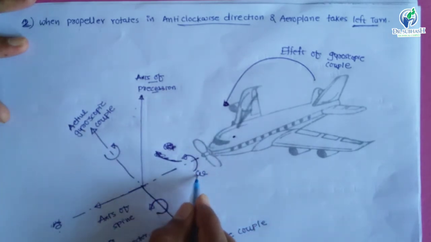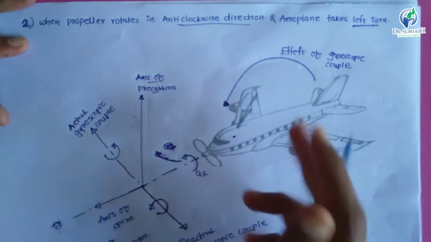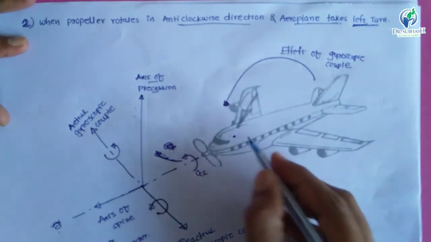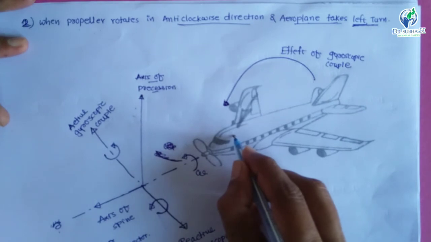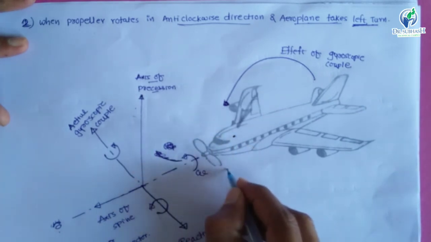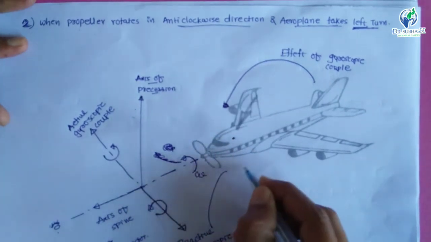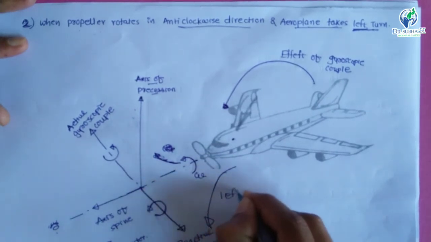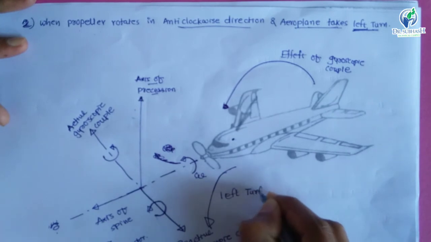So this is the direction of rotation of the rotor, and our aeroplane is taking a left turn. When we assume that we are sitting inside the aeroplane, then our aeroplane is taking a left turn. So this is our left turn.